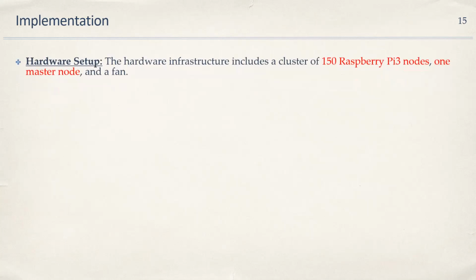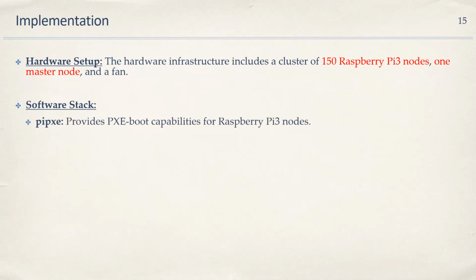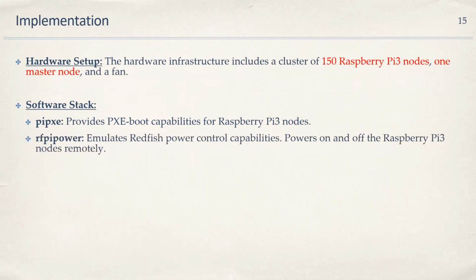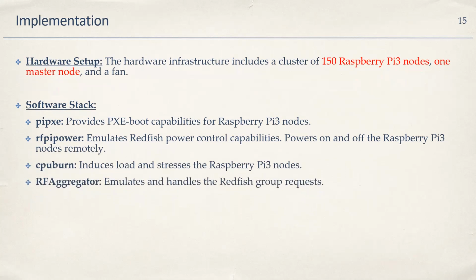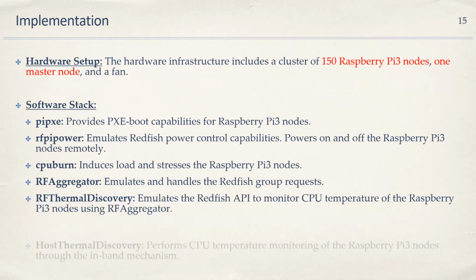For our implementation, the hardware setup includes 150 Raspberry Pi nodes, one master node, and an external fan. The software stack includes a couple of Kraken modules which are required for our implementation, which we have done with these 150 Raspberry Pi nodes.